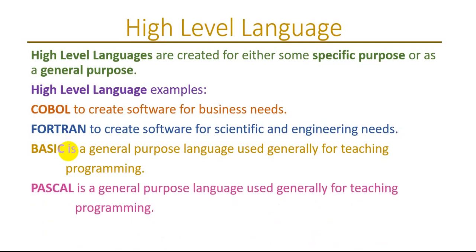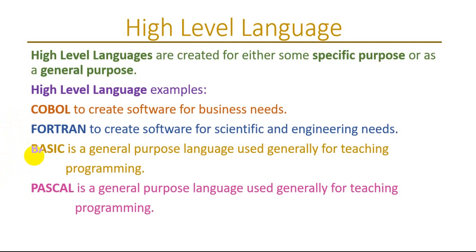Then came Pascal, which was also there. This is actually a more disciplined language. Let's say in BASIC you can write a program any way you like. To make people do certain things in a more disciplined manner, Pascal allowed that, and Pascal was also used for generally teaching purposes.